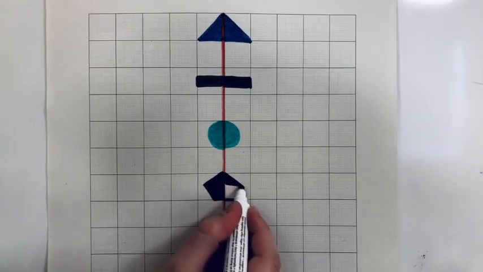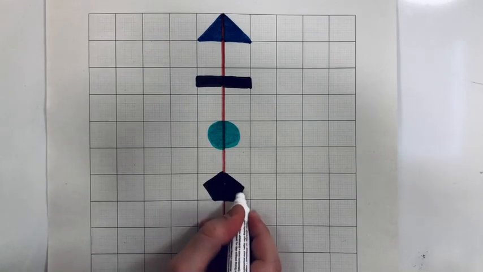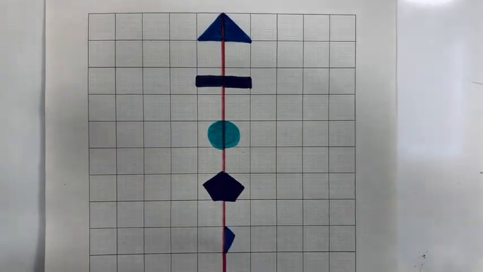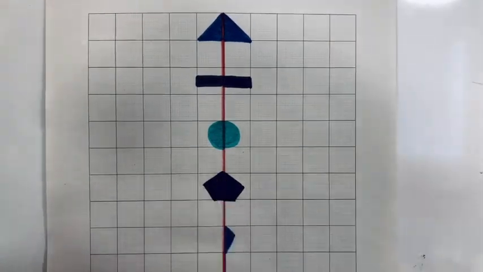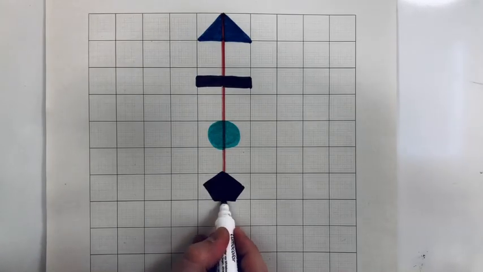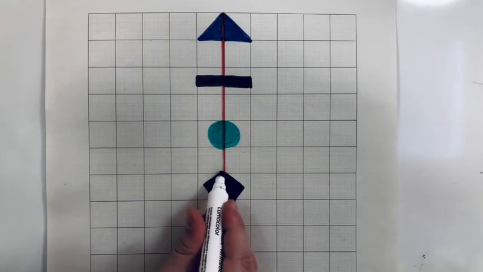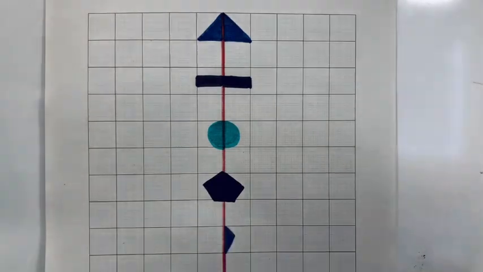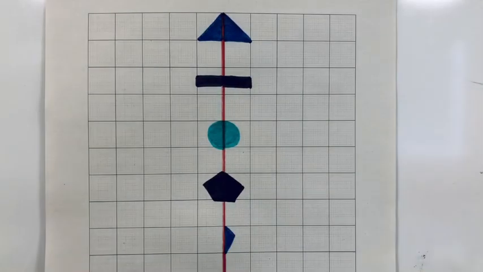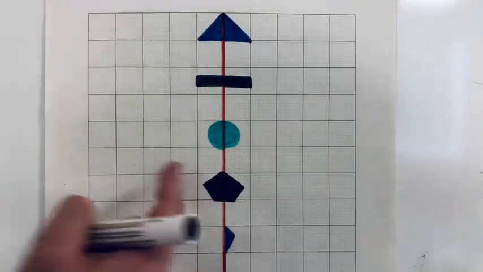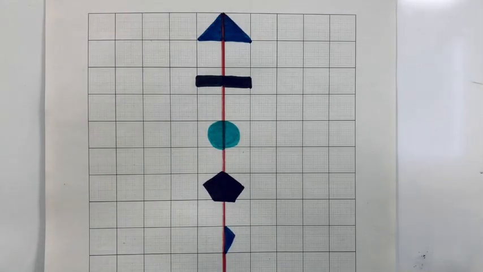And I'll colour it in. Now my shape has 1, 2, 3, 4, 5 sides. With symmetry, I've made a pentagon.